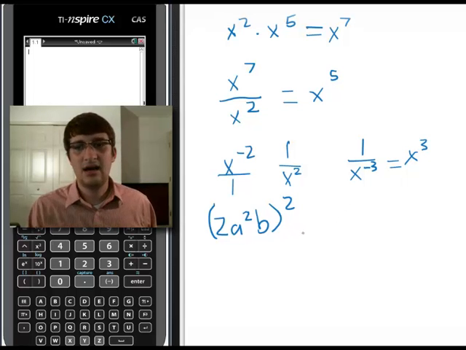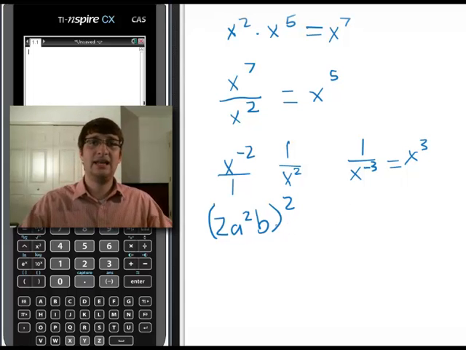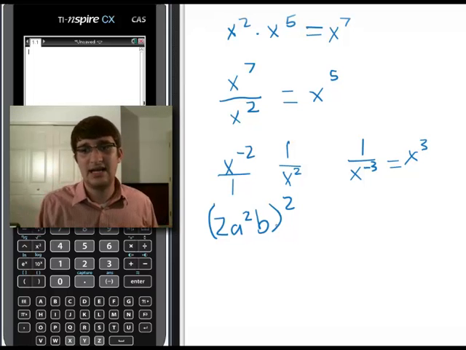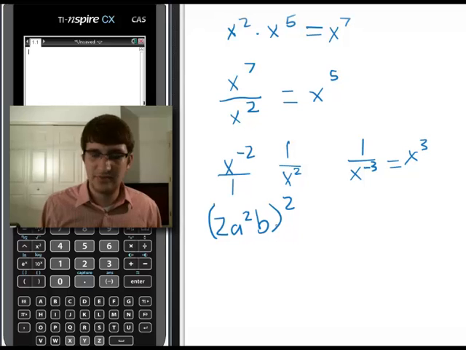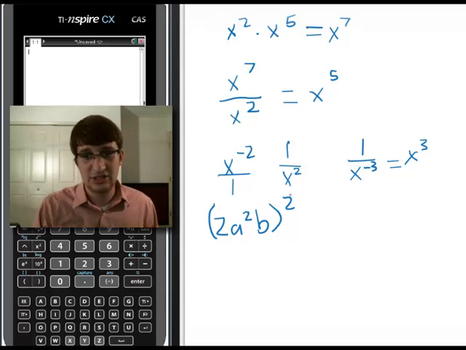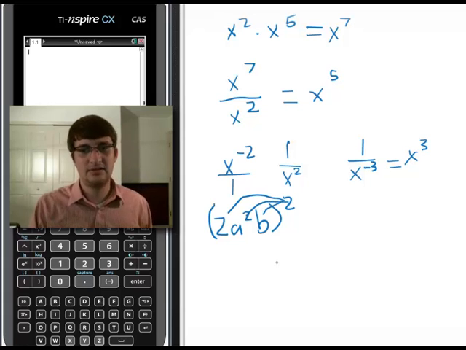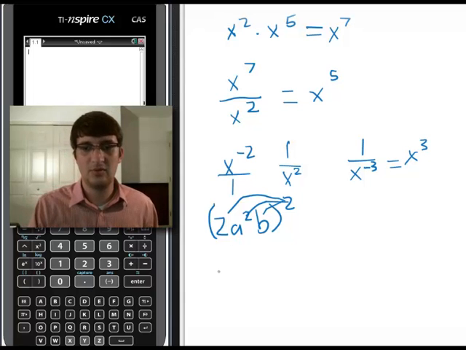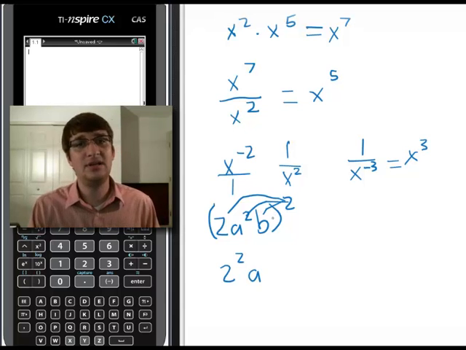Then lastly, there's the rule where you have parentheses and you have an exponent on the outside. I like to think of this kind of like the distributive property. So this 2 on the outside will get distributed to each of these terms, okay? So the 2 itself will get squared, the a will get it, and what we do here is we multiply.